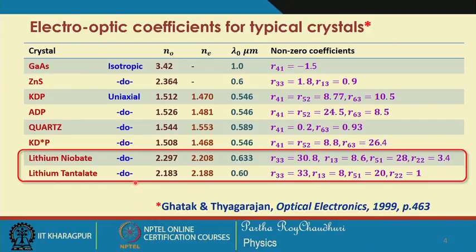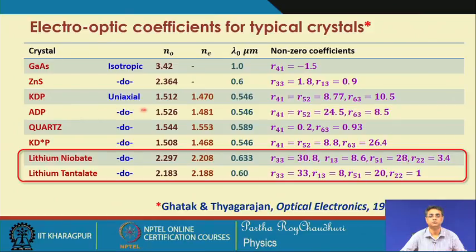So, let us refer to this table which I have shown you earlier. We are here because we have discussed the electro-optic properties of KDP and gallium arsenide, and now this lithium niobate, whose ordinary refractive index is 2.297 and extraordinary refractive index is 2.208, at the helium neon wavelength, that is around 0.633 micron.